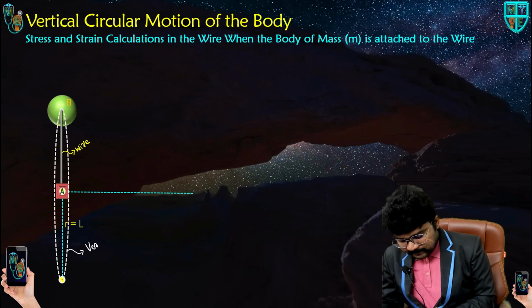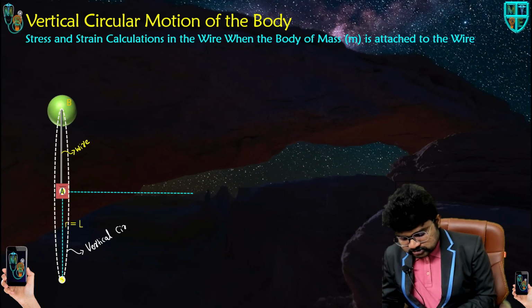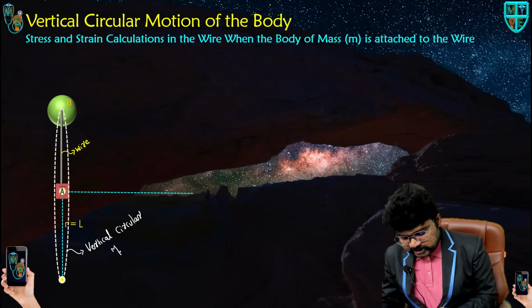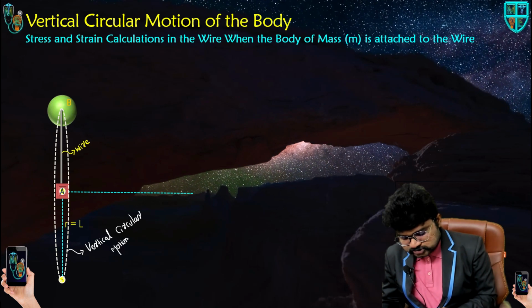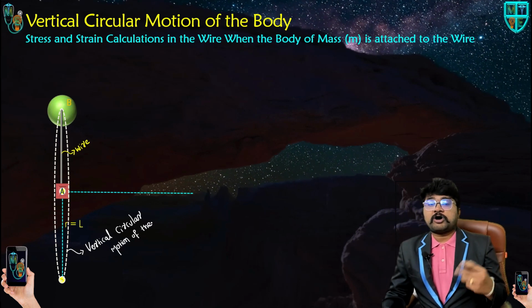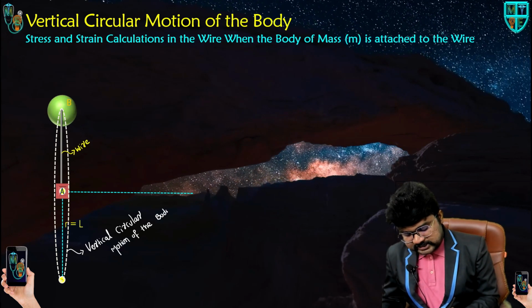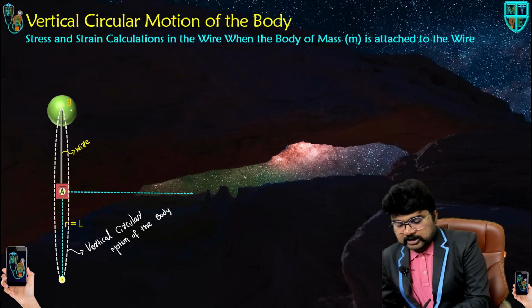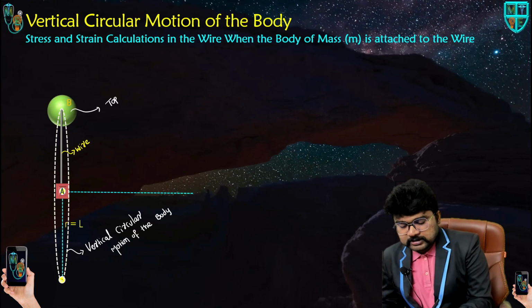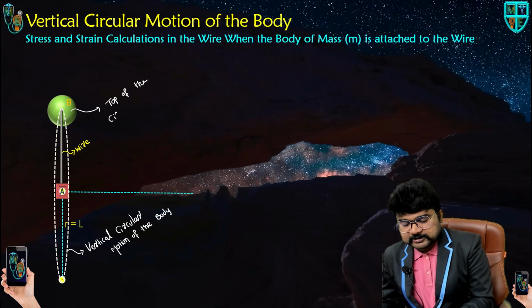This is the vertical circular motion of the body, and the body is at the top of the circular path.